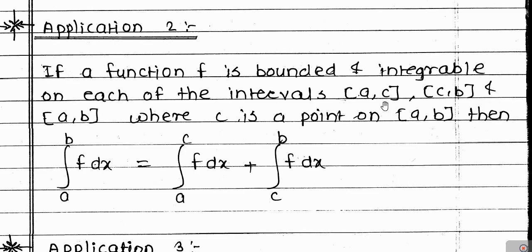Now after this first application and a corollary based on it, the next one is application number second. The second application is: if a function f is bounded and integrable on each of the closed intervals a to c, c to b and a to b, where c is a point in the closed interval a to b, then the integral from a to b of f dx is equal to the integral from a to c of f dx plus the integral from c to b of f dx.